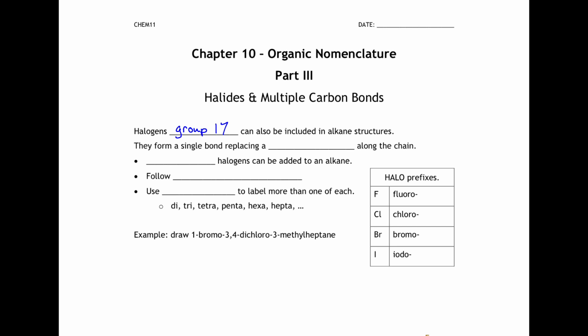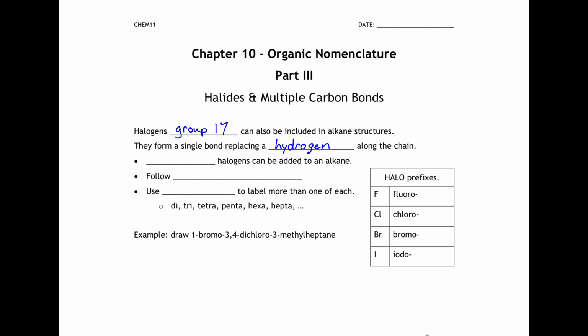They form a single bond because all of our halogens are in column 17, which all have a single negative charge. They're one electron away from being full, so they like those single bonds. And they replace a hydrogen along the chain. So you can basically replace any of the hydrogens in an alkane chain with any halogen.